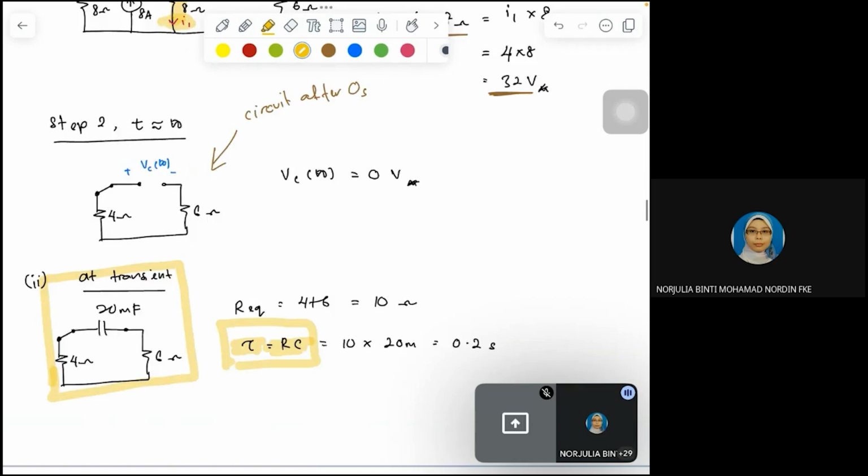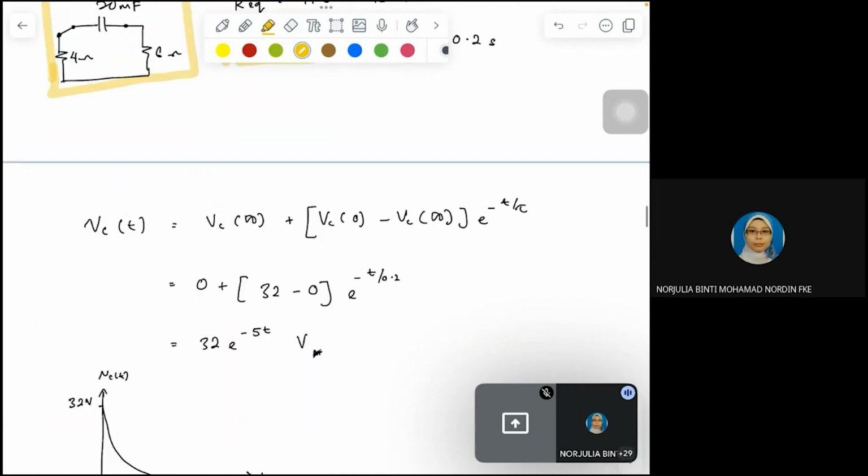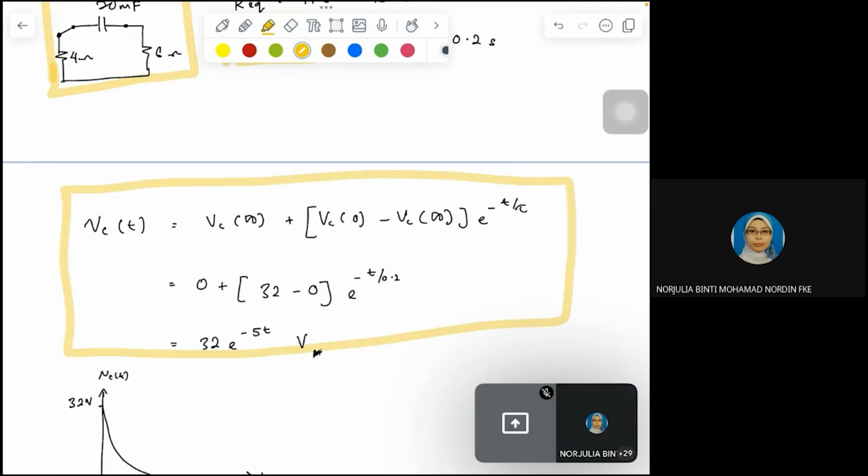And then after getting all the parameters, you can start to write down your complete expression of the V across capacitor. Okay, you will find that your VC is equal to 32 times e to the power of negative 5t. So where did I get this 5?